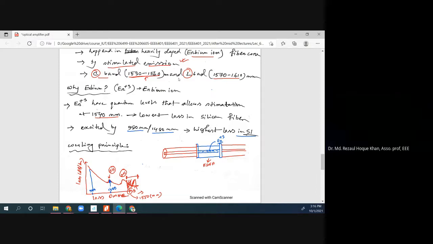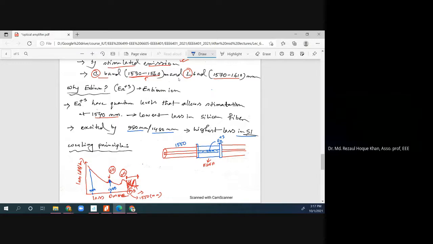For example, this is a signal, imagine 1550 nanometer. Now in erbium the pump is 980 or 1480. When it is coupled, we give the pump 980 nanometer.